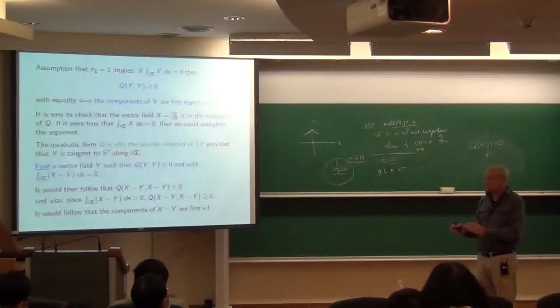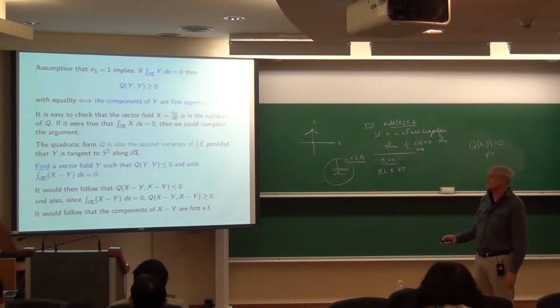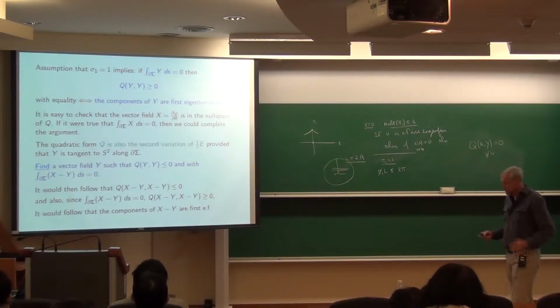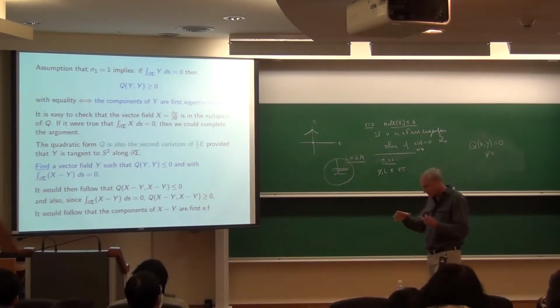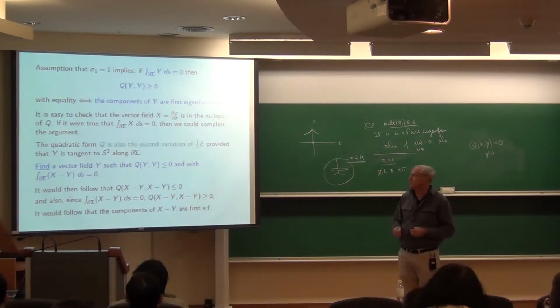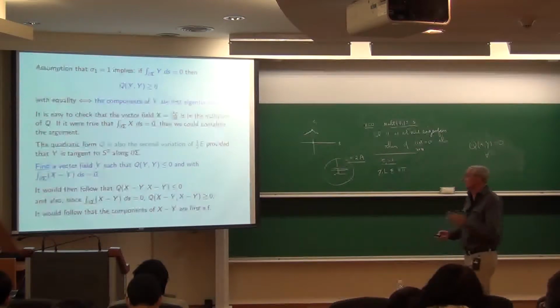That's because X is in the null space, so this is equal to Q(X, X), which is 0, and then plus Q(Y), which is less than or equal to 0. Okay, so that's what I need to do. In other words, I need to take this X and I need to shift it using a special choice of vector field.